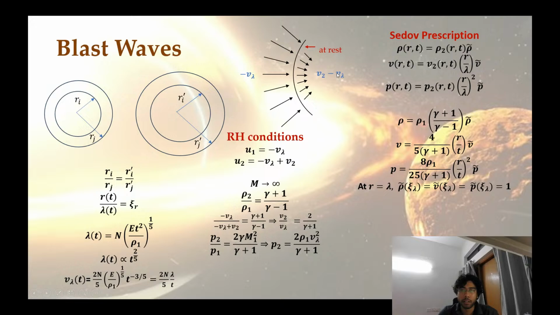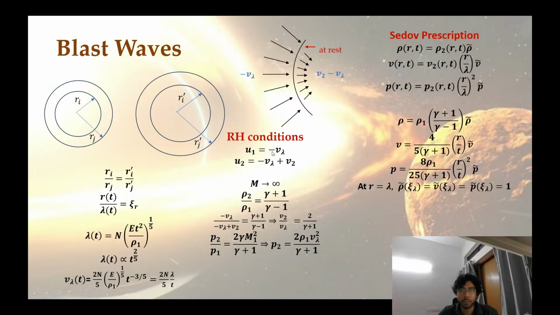So this is the post shock region, right? So we take U1 to be minus V lambda. Just like we did in the Rankine-Hugoniot conditions, we have the pre-shock and the post-shock region.